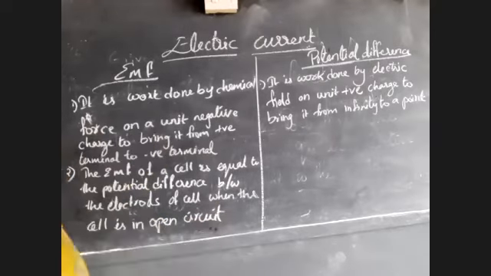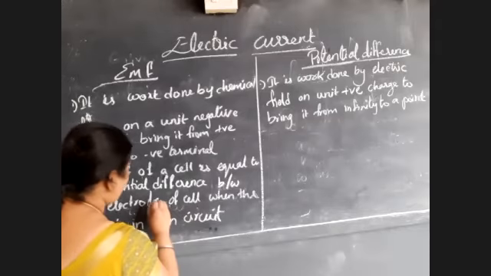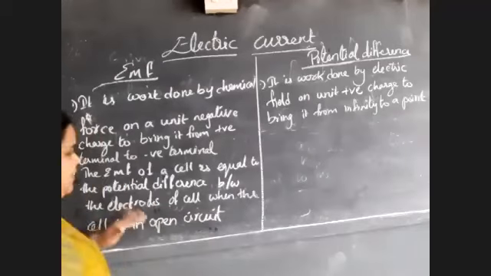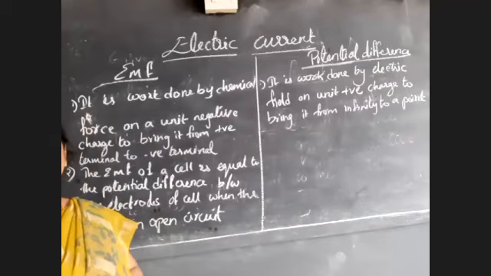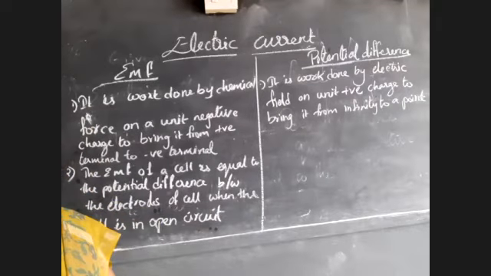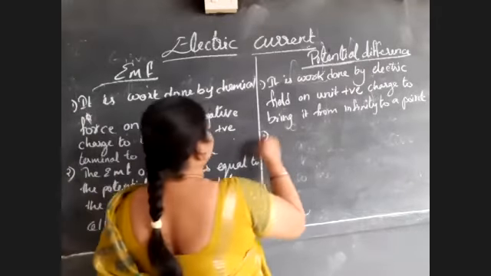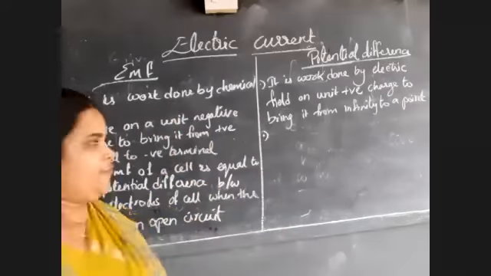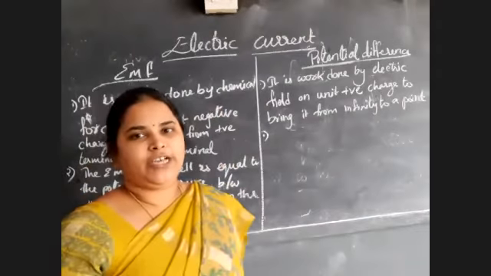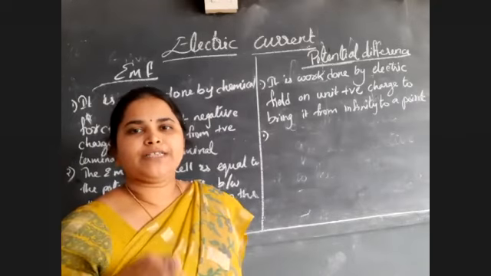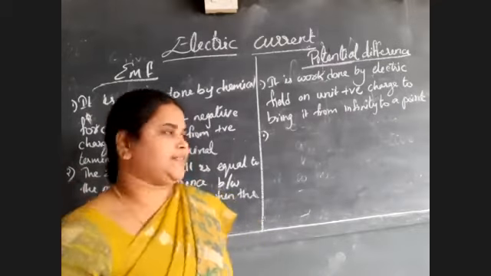Now what is the other difference? Potential difference is equal to the difference in the potential between two points.